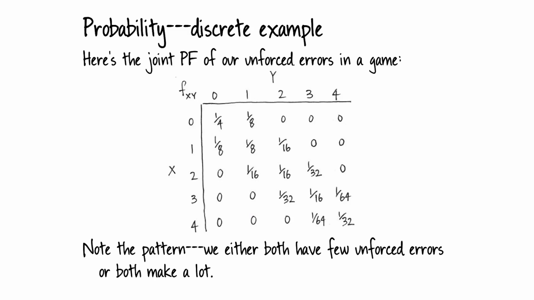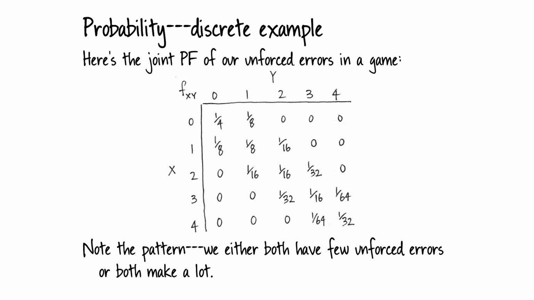So exactly what might something like this look like? Well, here's one example. I just made this up, obviously. This is not based on any long-term data that we've been collecting. Let's say X is my number of unforced errors and Y is Esther's number of unforced errors.